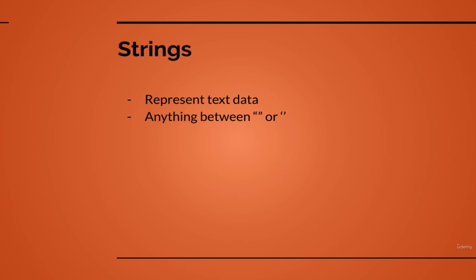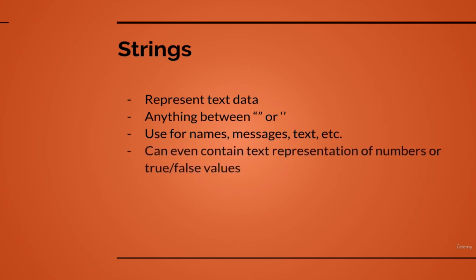It doesn't matter. So we use strings for names, messages, text data, basically anything that we're not going to be able to use a numerical type or a Boolean type to represent. But that being said, we can also use strings to contain text representations of numbers or true or false values. This will be very beneficial sometimes where we don't want, let's say, an integer or float type, but we do still want a number.